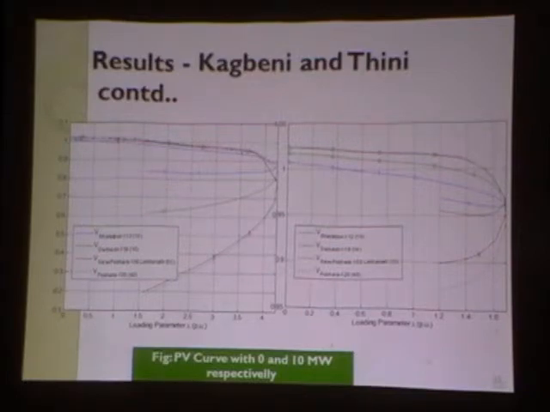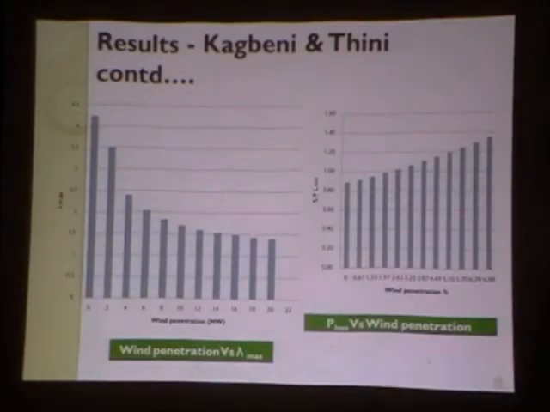So we need some sort of change in that network. This figure also shows that the loading parameter drastically decreases to less than 1.5. So this is not practically suitable for wind penetration at that site.